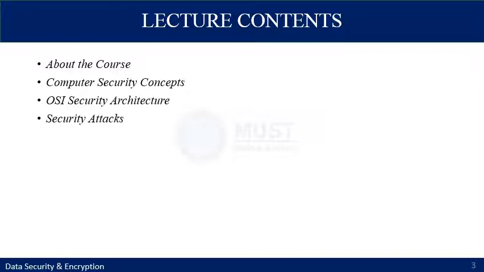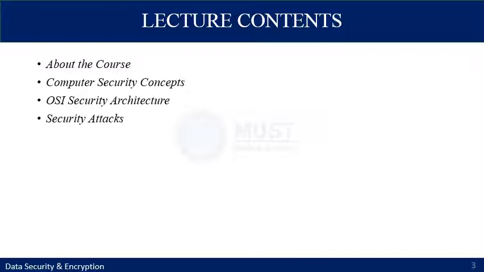After that, the lecture will present an OSI security architecture, and we will finish the lecture by discussing some typical kinds of security attacks. There are two kinds of attacks: one is the passive attack and the other is the active attack. We will briefly differentiate between those two types.